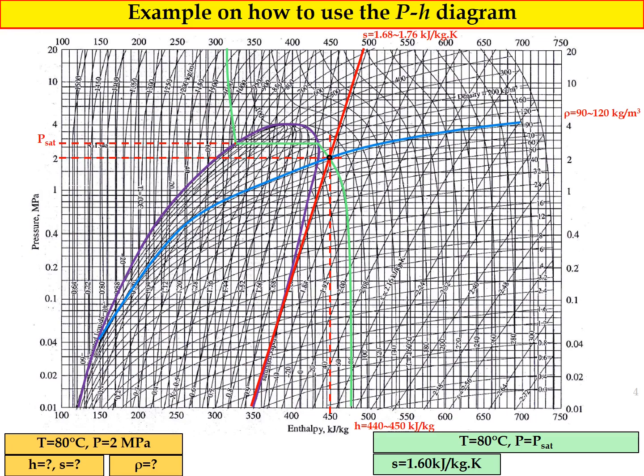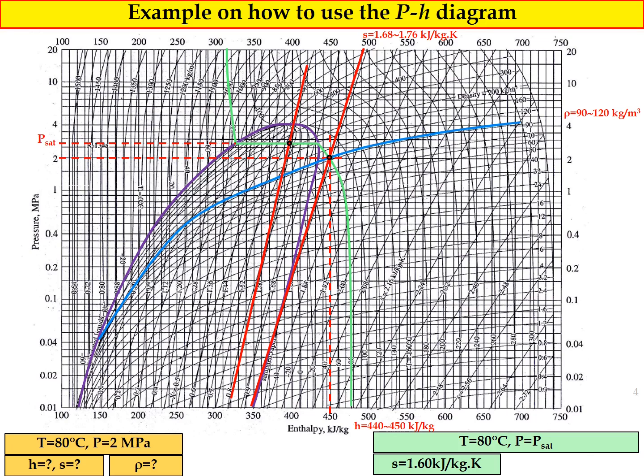Due to the condition being at saturated mixture, we need to have another piece of information. So for this case, we have another information in terms of entropy value, where entropy value is at 1.60 kilojoule per kg Kelvin. So find out the line.